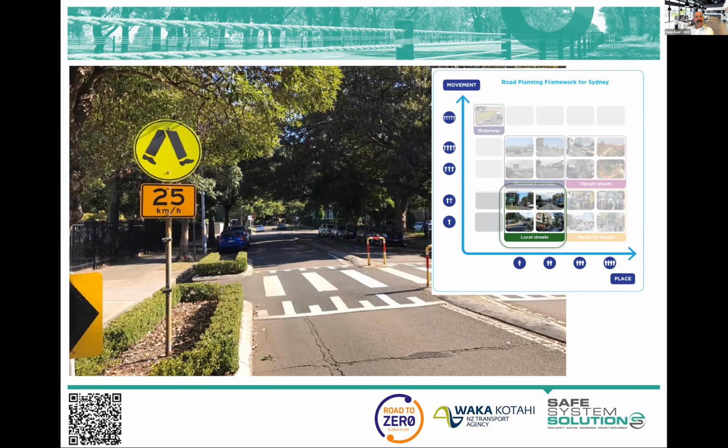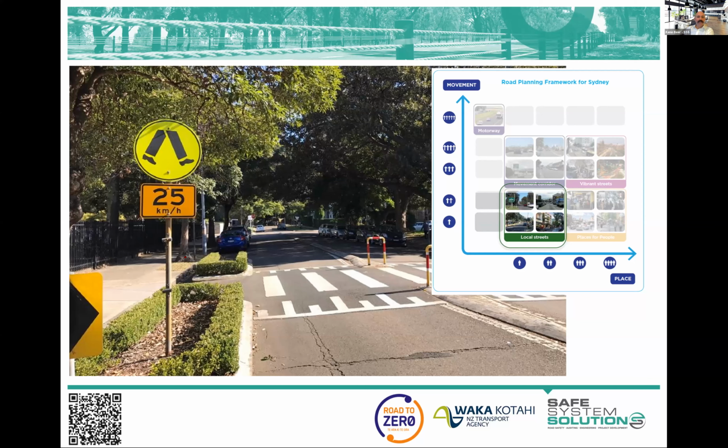But when you get into these sorts of ones where they're balanced like that, you really have to prioritize the safety of the most vulnerable. So this is where we're talking pedestrians and cyclists. We do want to start to see these with features to lower the speed of vehicles through there. So your raised crossing points, or your local area traffic management, your speed cushions, raised areas, chicanes, mini roundabouts, these sorts of things.